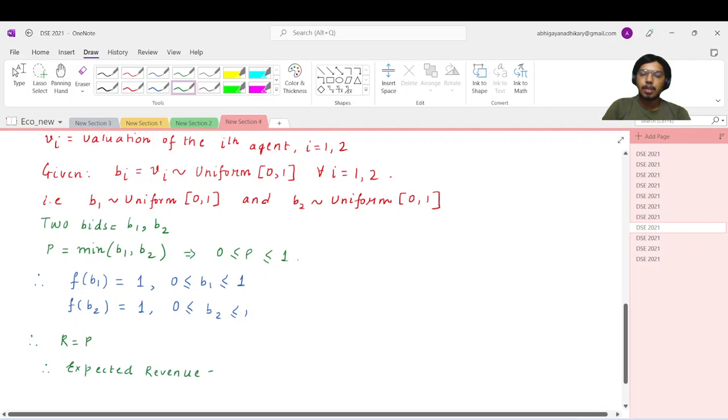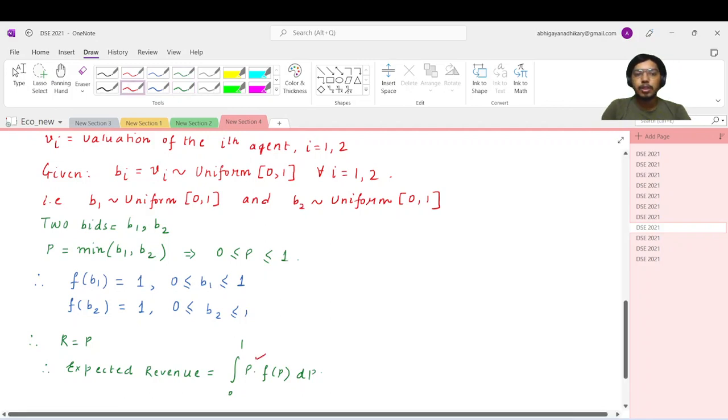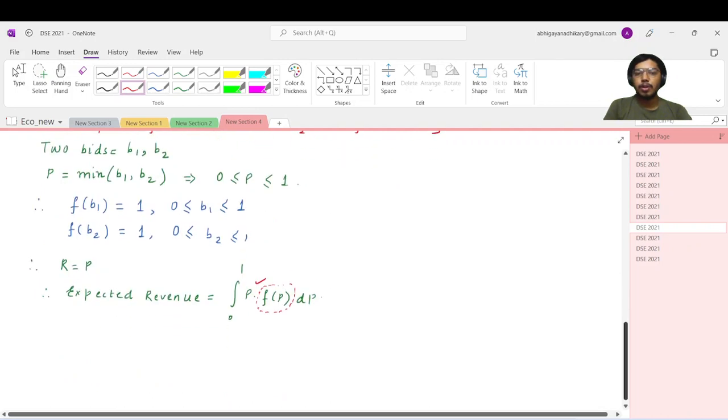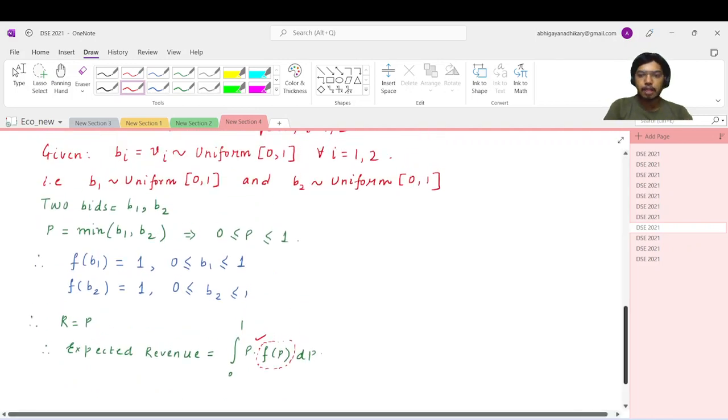So the price can go anywhere between 0 to 1, integral of P times f of P dP. Okay, so the variable P is known. It is minimum of B1 comma B2. But how are we going to get the PDF of this P? This is important to get to the expected revenue, right? So from here we are going to use the idea of order statistic that we know.